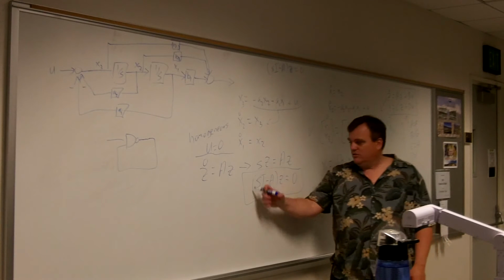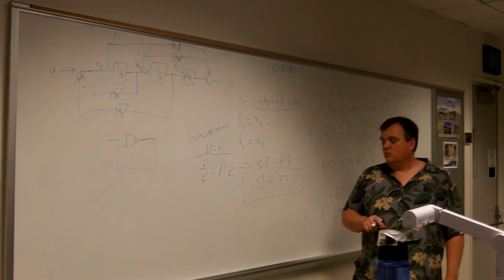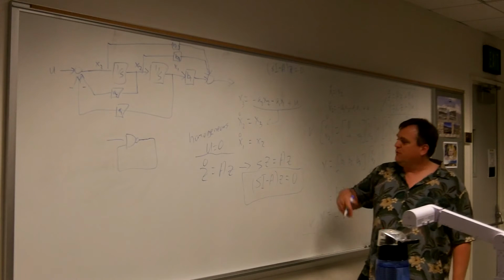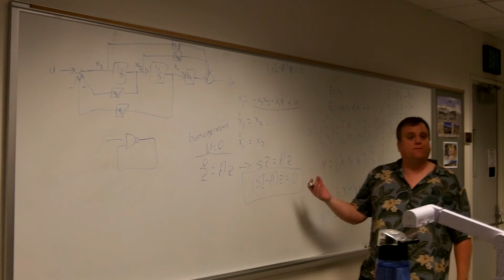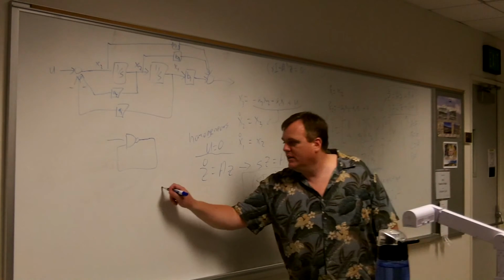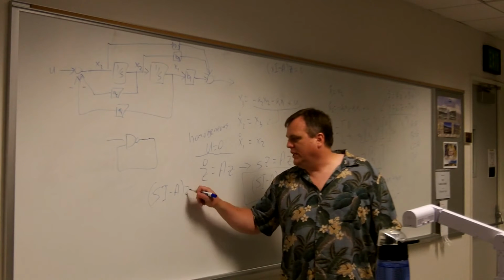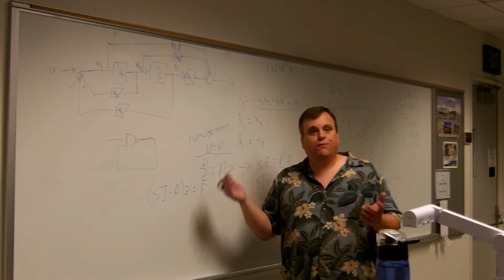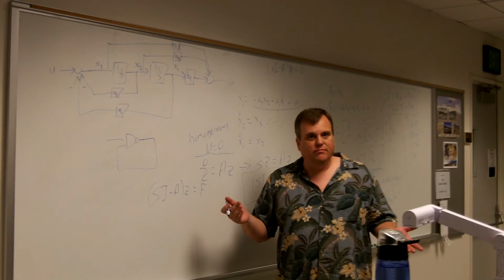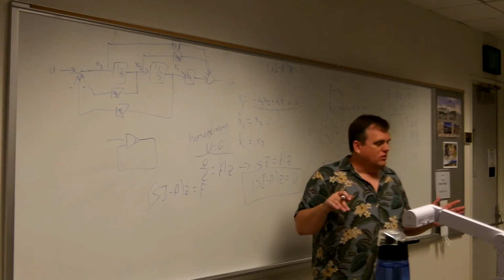But now that's for my variable S. And remember, what I'm trying to do is find out when Z is equal to something. So if I now took this same system and considered a forced system, it would look something like S I minus A times Z has to equal something that's forced onto it, whatever the forcing equation is that you stick in there.